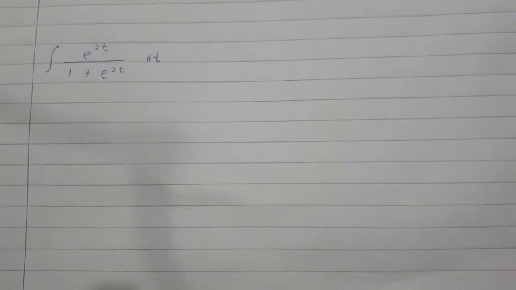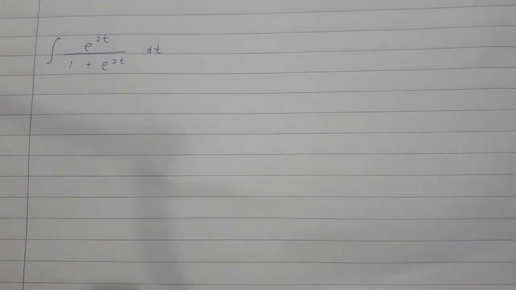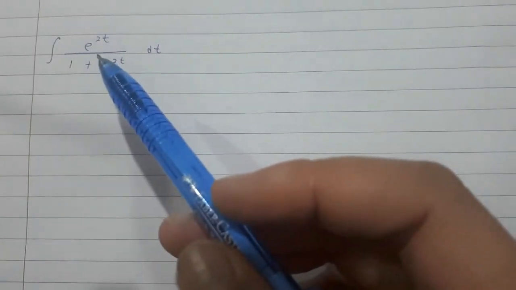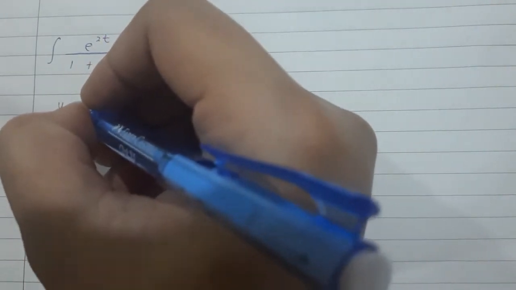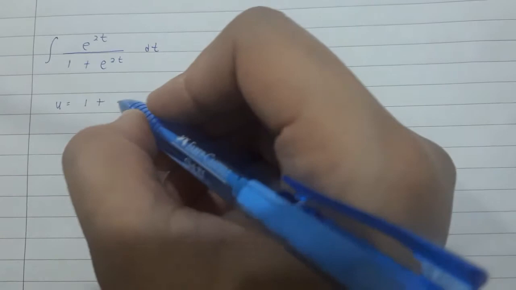Next example, we want to integrate e to the t over 1 plus e to the t dt by using the substitution method because we cannot separate the equation. We choose the denominator as u, so u equals 1 plus e to the t.